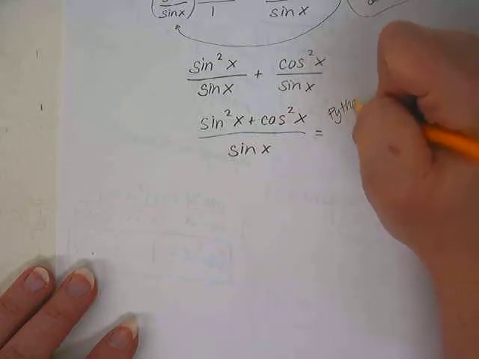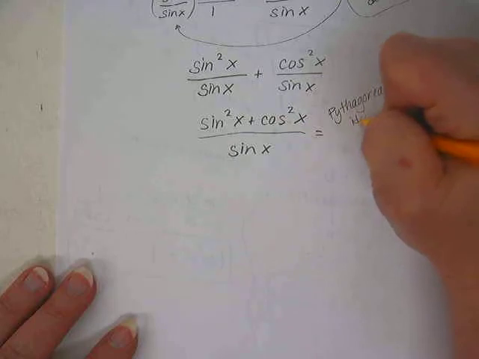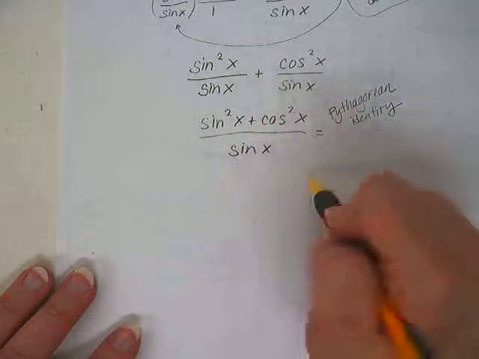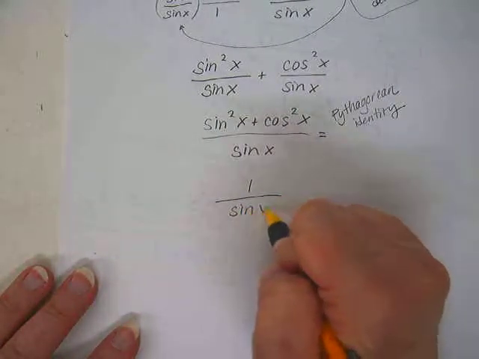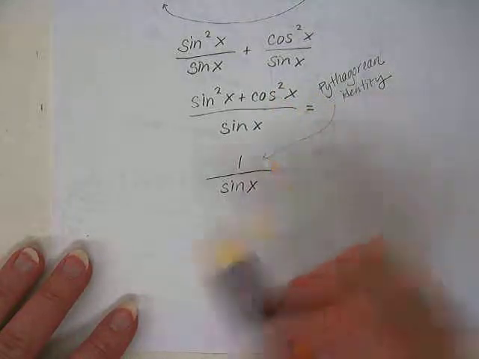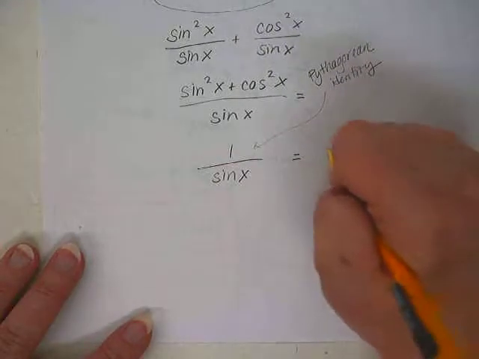Okay, so then this is what identity? Sine squared plus cosine squared? That is the Pythagorean identity. So that ends up equaling 1 over sine x because of that identity.